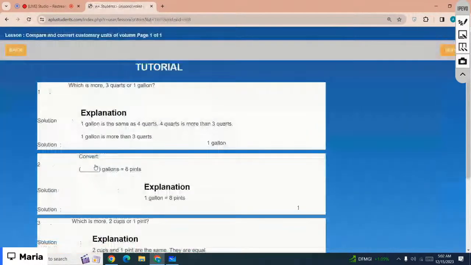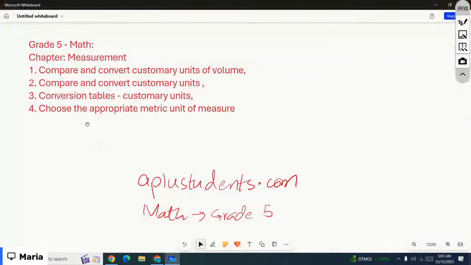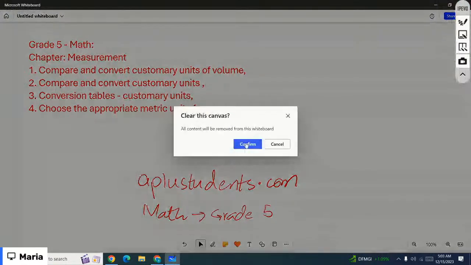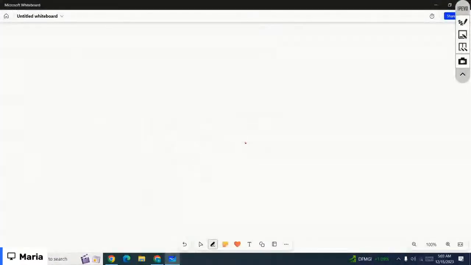Which is more, 3 quarts or 1 gallon? Basically, you need the basic units of volume, that is a comparison between the quarts and the gallon. You can note down these basic conversions, they are very important. 1 gallon equals 4 quarts, right?